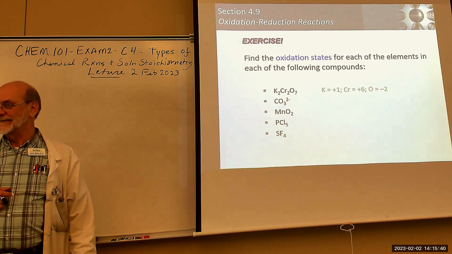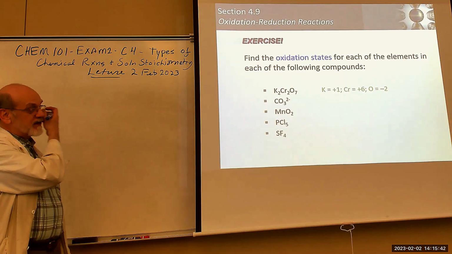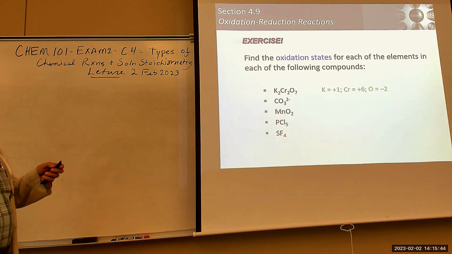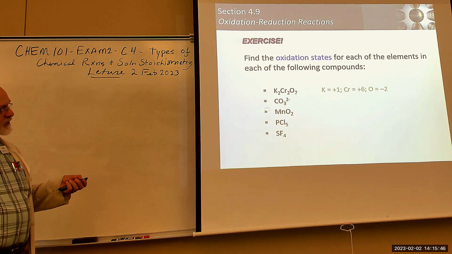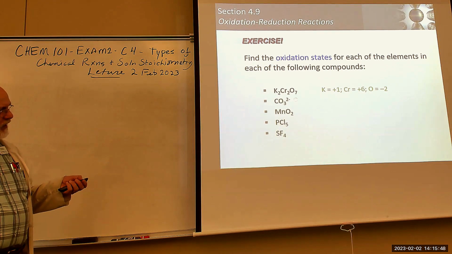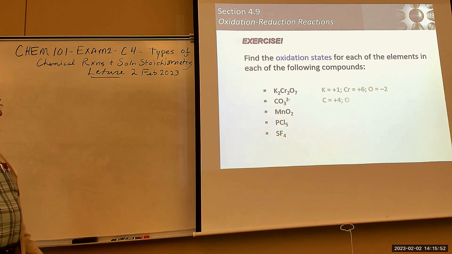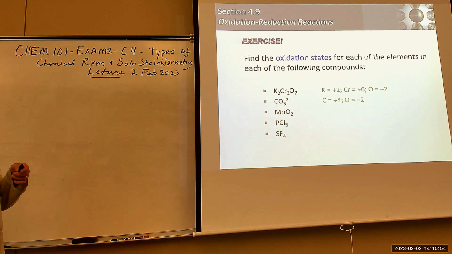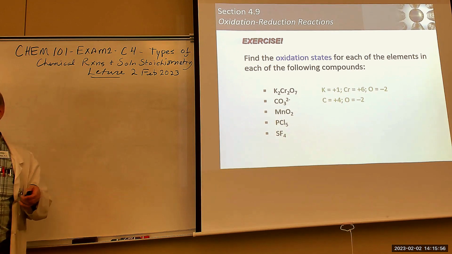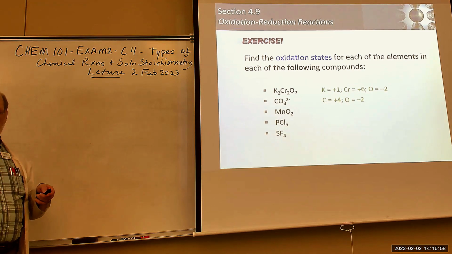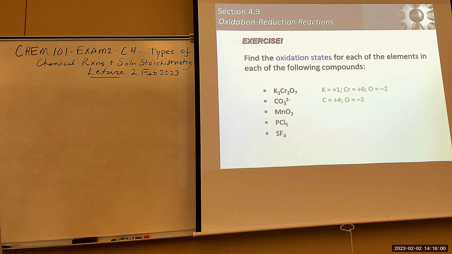Okay. And you can do that with anything. Carbonate, the carbonate ion, we have to balance the charges, but we've got to be sure and hold out 2 minuses for that charge. And if we do, carbon is a +4 and oxygen is -2. You know, work it out. You'll see it's right.